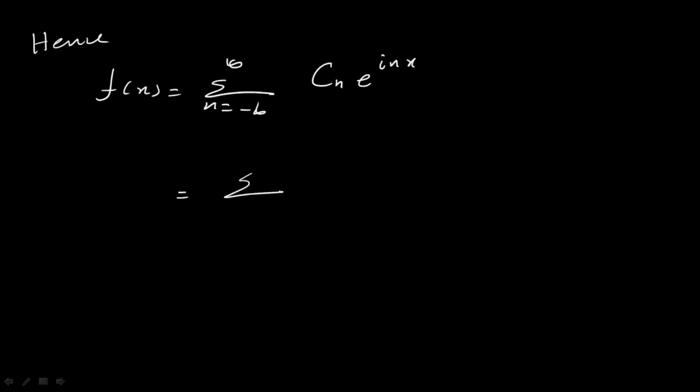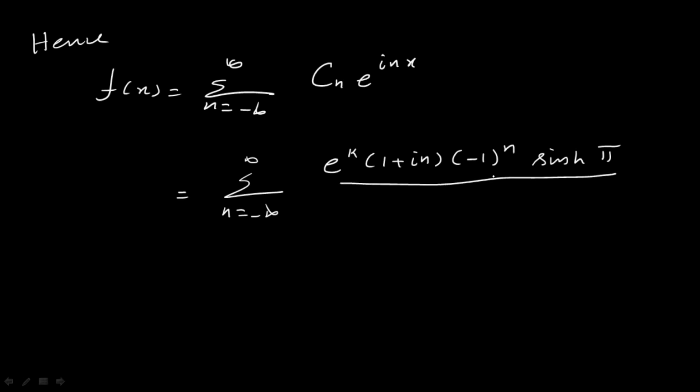The value of Cn we have calculated as e power k, 1 plus in, minus 1 whole power n, hyperbolic sine pi upon pi of 1 plus n square, of e power inx.